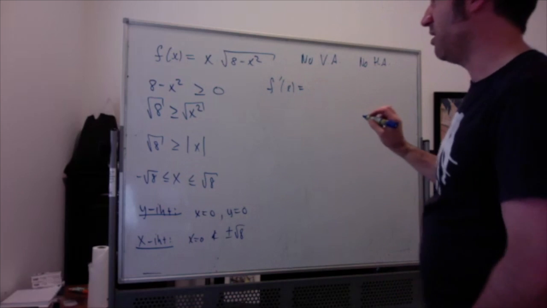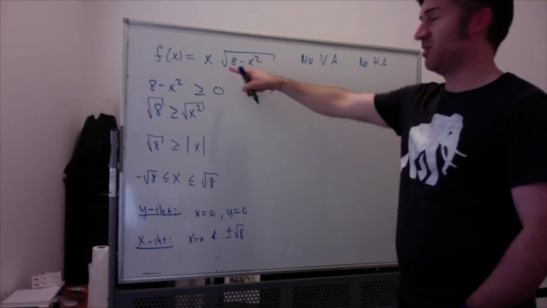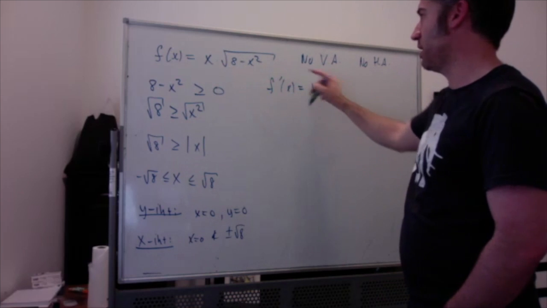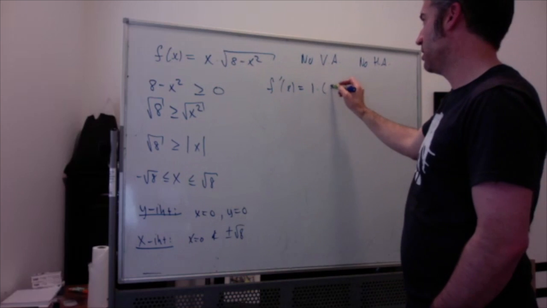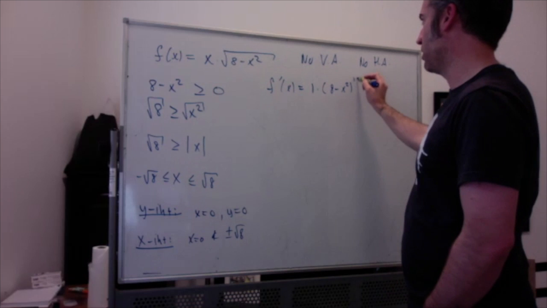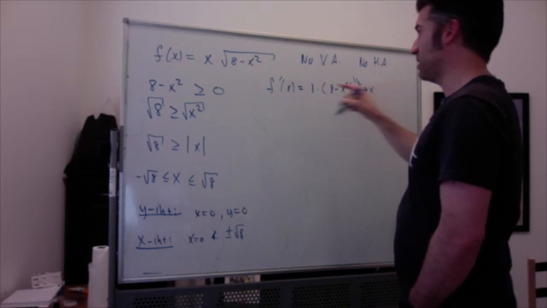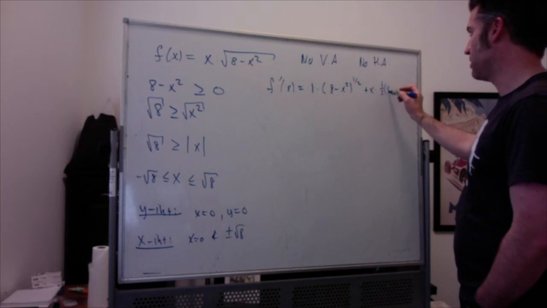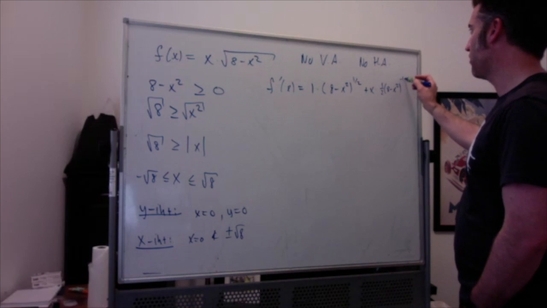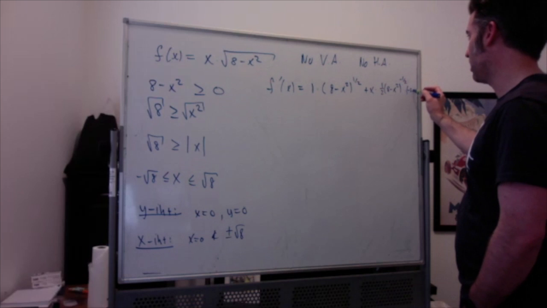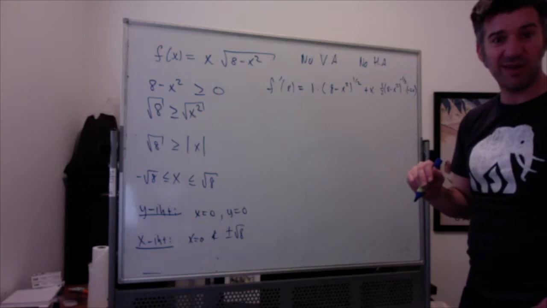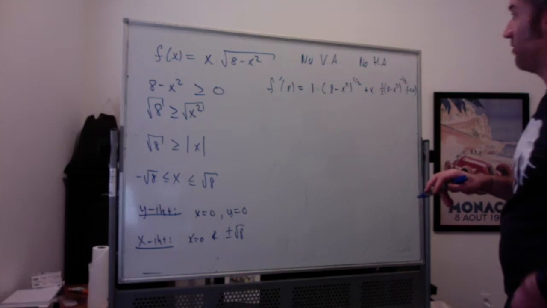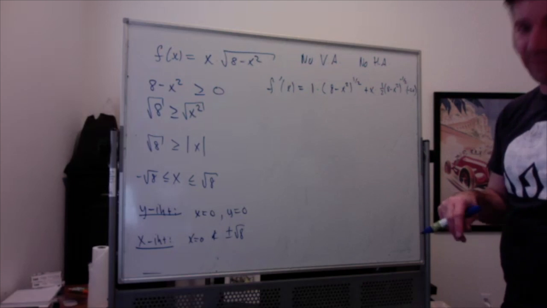So the first derivative, I'm going to use the product rule. It's going to be 1 times this, which I'm going to write as 8 minus x squared to the 1/2, plus x times the derivative of this, which is 1/2 times 8 minus x squared to the negative 1/2 times negative 2x. That's not fun. And if I'm trying to set this equal to 0, I'm going to have to factor.